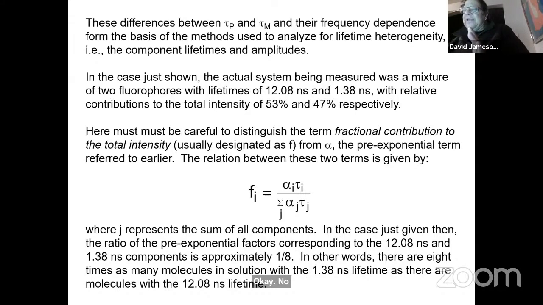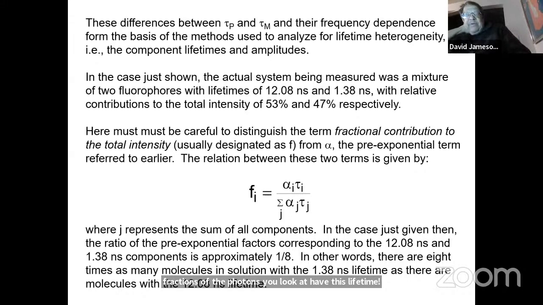Now, it turns out that people, especially in the early days, people doing time domain would always report pre-exponential, and those of us doing frequency would always present fractional contribution. And for me, the fractional contribution made more sense, because that's the raw data. You're getting what fractions of the photons you look at have this lifetime, what fractions have different lifetimes.